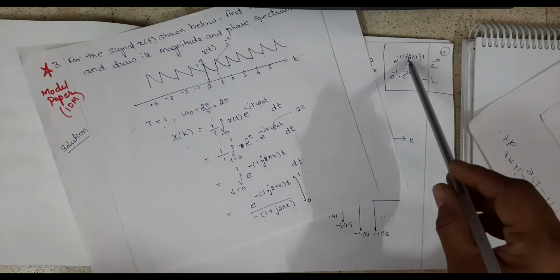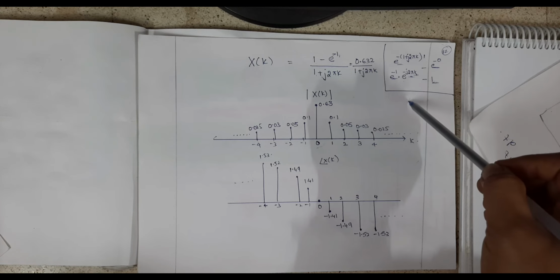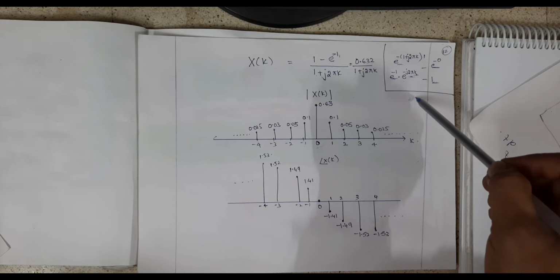Here k takes integral values, and e raised to minus j 2 pi k is nothing but cos theta plus j sin theta, here theta is 2 pi k, therefore it is cos 2 pi k plus sin 2 pi k. The sine part is 0, and cos is 1, therefore e raised to minus 1 into 1, so it is 1 minus e raised to minus 1. Because of the negative sign in the denominator, we have taken 1 minus this term.